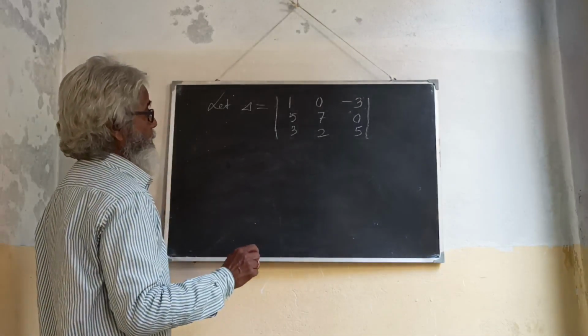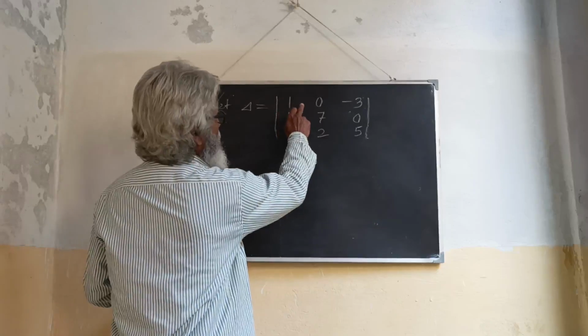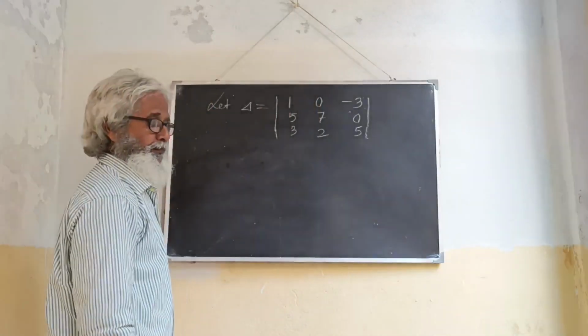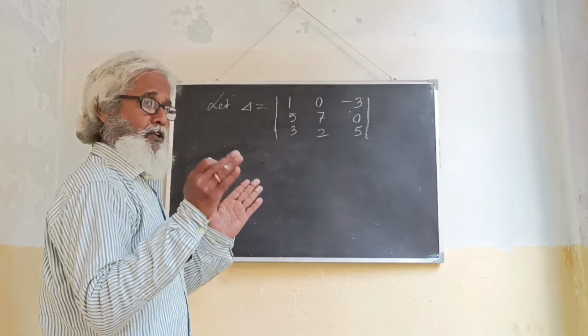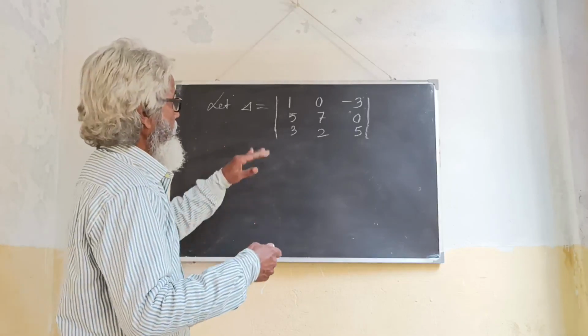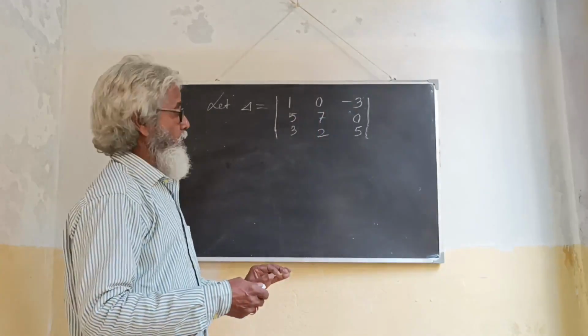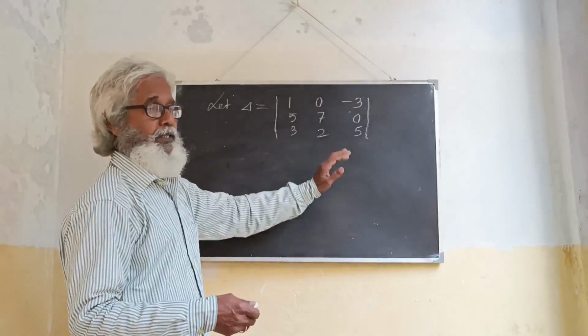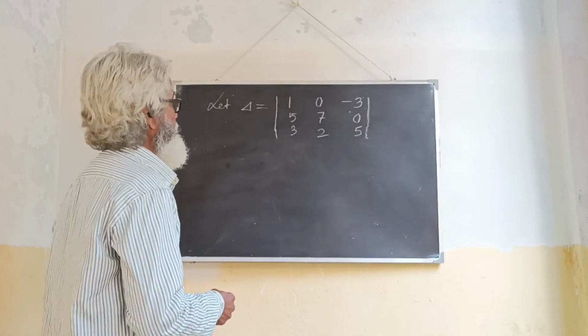Now, let me consider the elements of first row. You may take elements of second row also, or one may take elements of third row also.